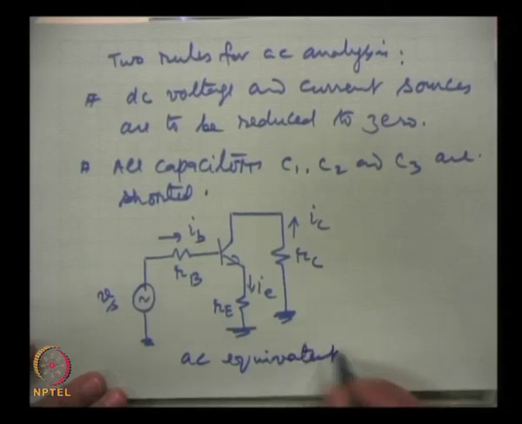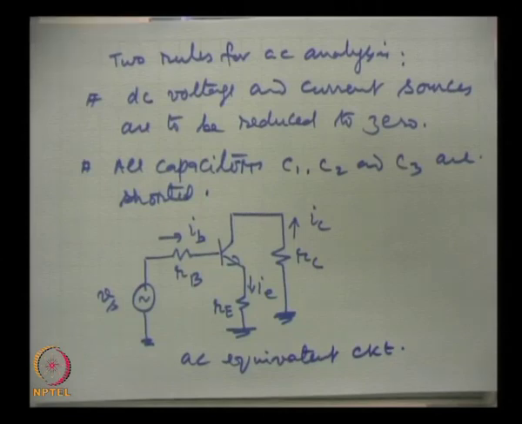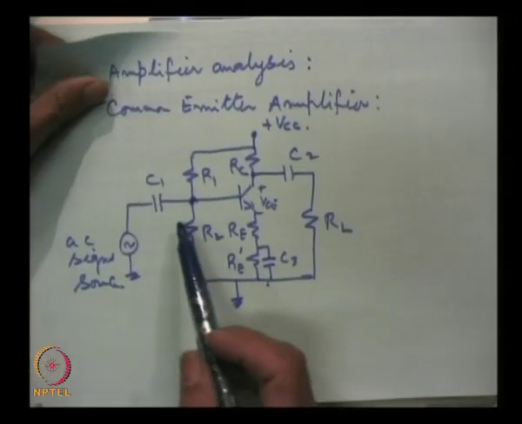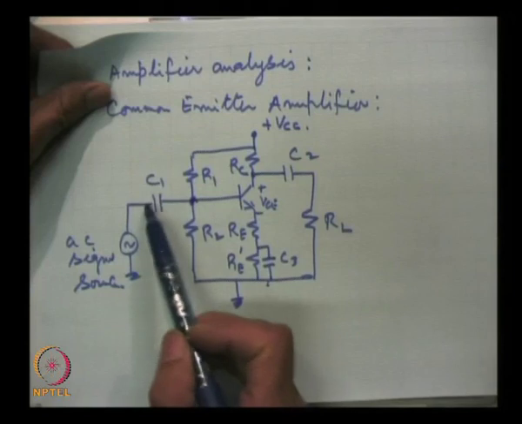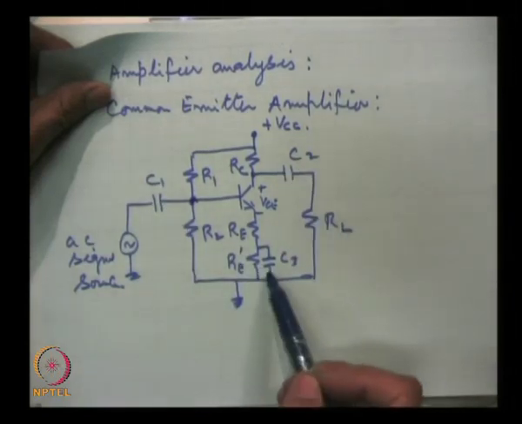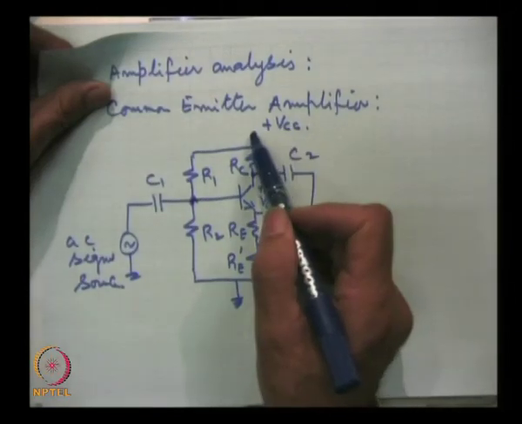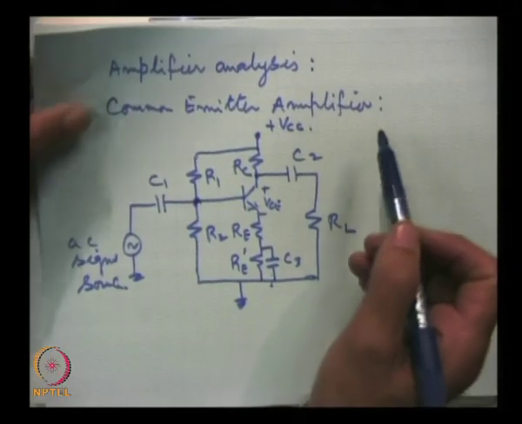The actual circuit is this, and when we short this, we short this, we short this, and DC voltage sources have to be grounded. So, this point is grounded.